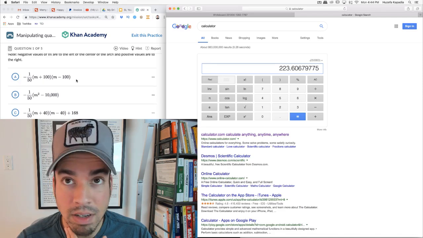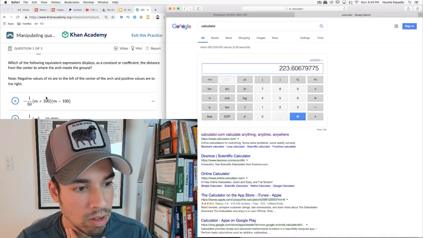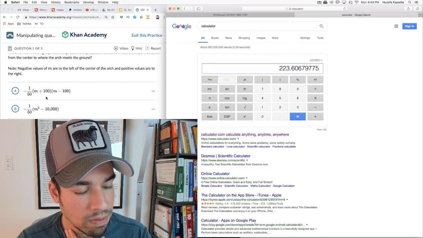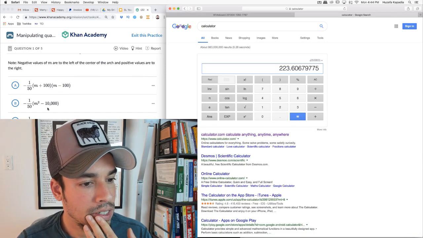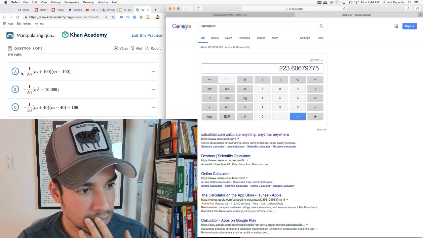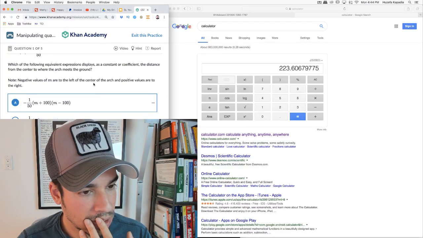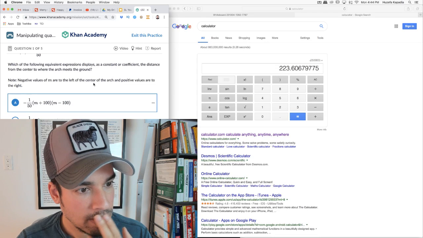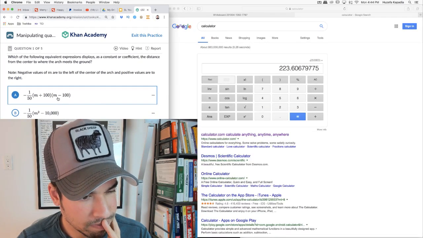This positive and negative 100 is the y-intercepts. Okay, but the thing is, this doesn't factor out. Oh yeah, I see. These guys are equivalent. Okay, I'm leaning towards this. The distance from the center to where the archway meets the ground, but this isn't.